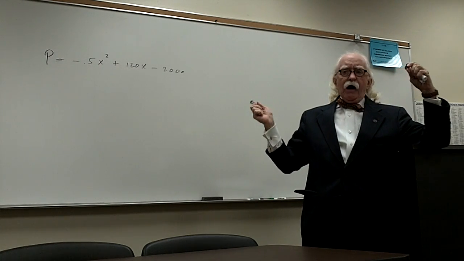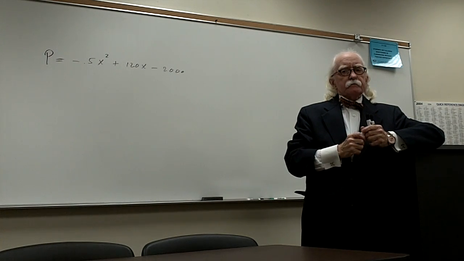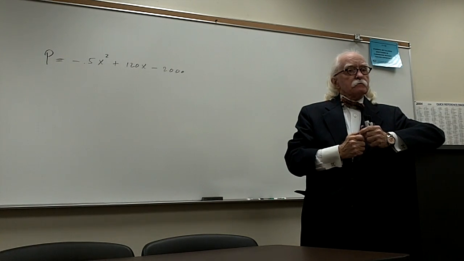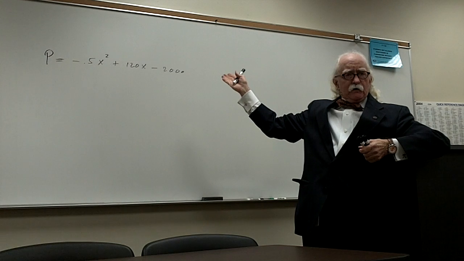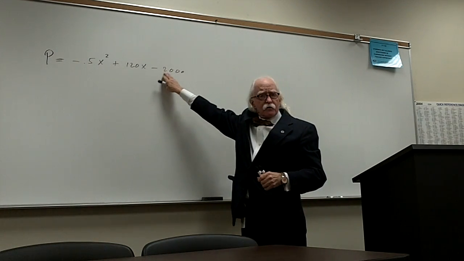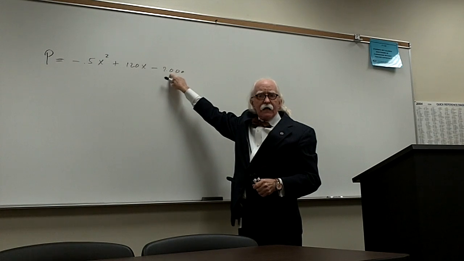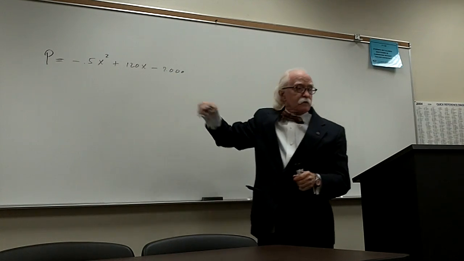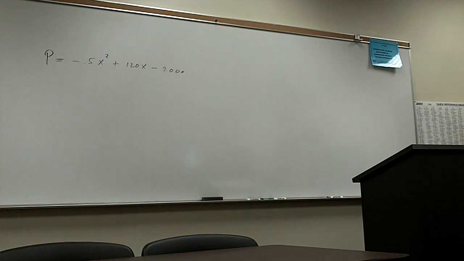In this particular problem, what do you want to know most of all? How much you're going to make. If that's bicycles, what do you think this is? Overhead. That's a fixed cost. It can't possibly be a plus 2,000.